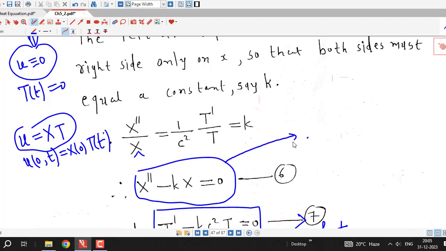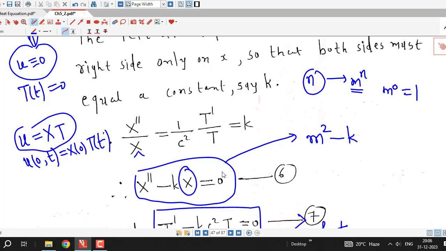For the auxiliary equation, we replace the nth derivative by some power of, say, variable m. Here I have a second order derivative, so I will replace it by m square minus k. X means the 0th derivative, that is m raised to 0, which is 1. So this is going to be the auxiliary equation corresponding to equation number 6.